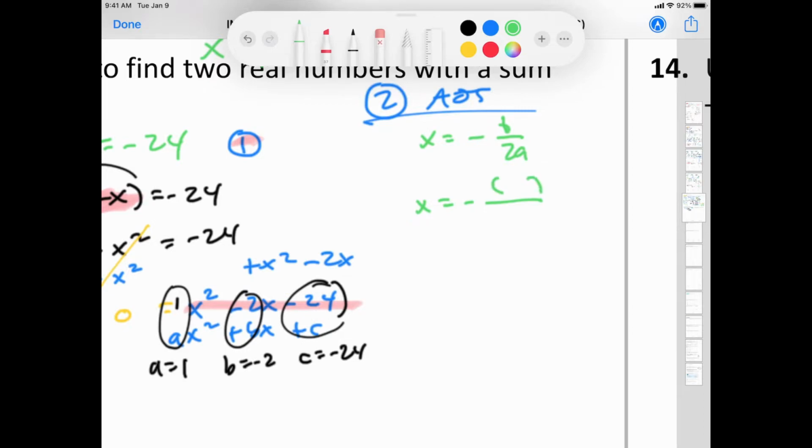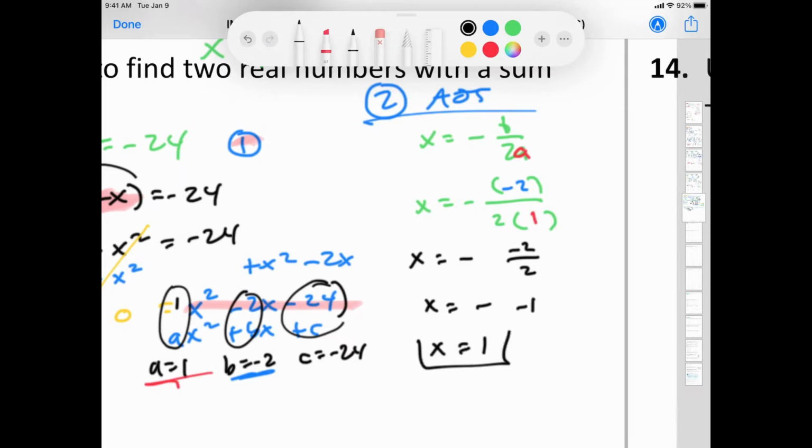What is our b value? The b value is negative 2. And the a value is 1. Let's simplify that. Negative 2 over 2, that becomes negative 1, so that becomes positive 1.